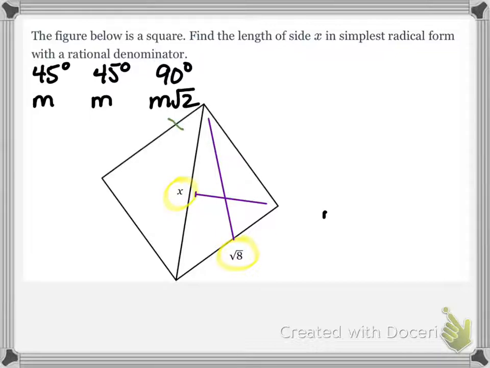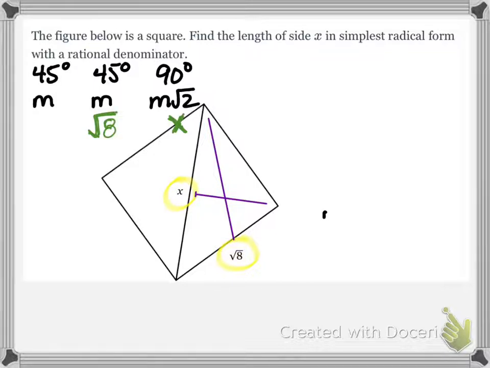So I'm going to put an x right here across from the 90. And the square root of 8 is across from a 45-degree angle because this angle right here got chopped in half. So I'm going to put square root of 8 right here. It doesn't matter where you put the square root of 8 since we have 2 of them. So there's my square root of 8.